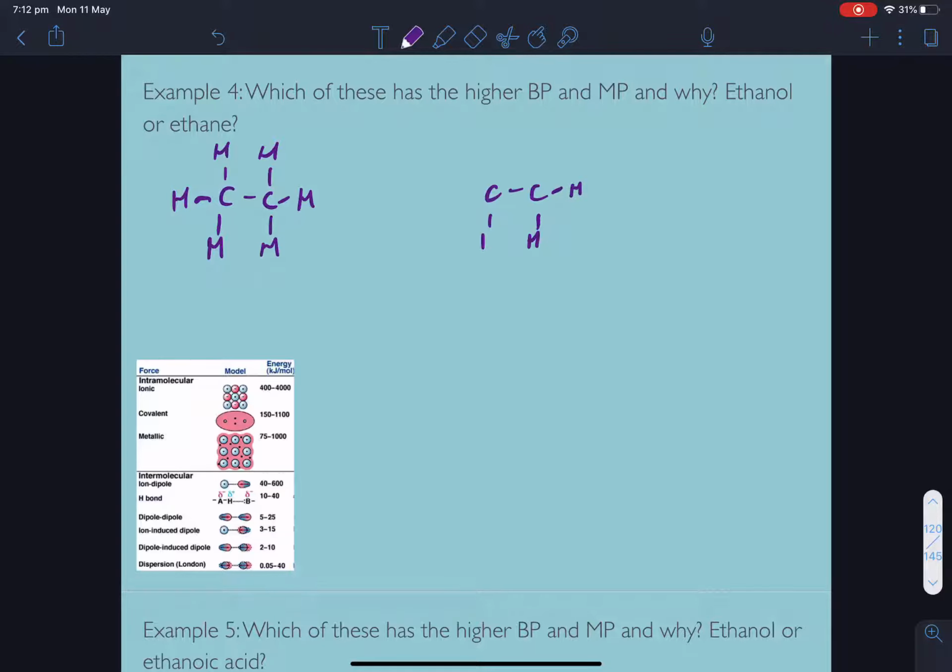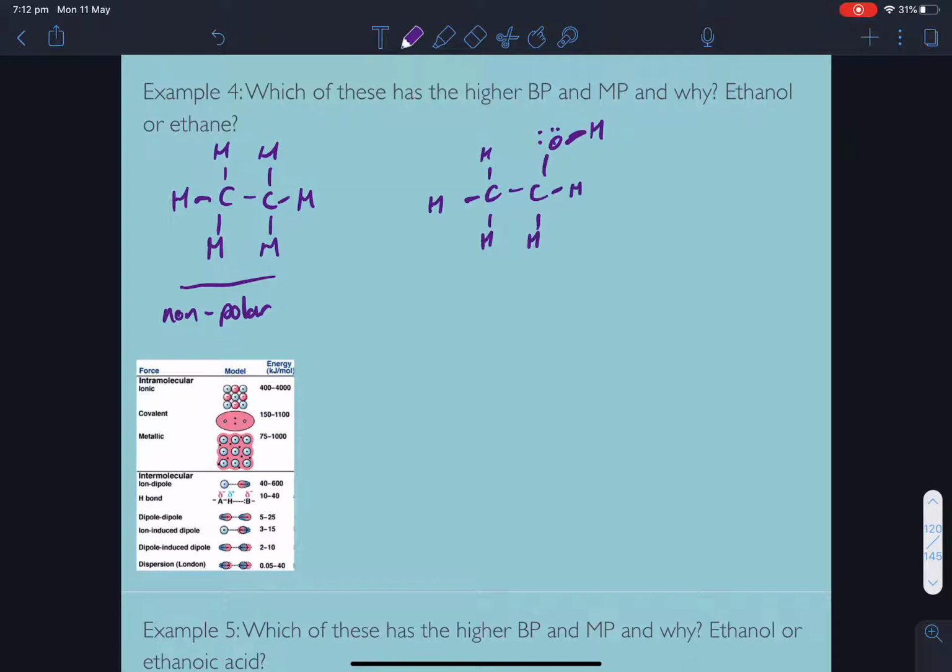Similar in structure, but it's an alcohol, so it has an oxygen-hydrogen coming off it like that, with a lone pair there. Ethane is non-polar because it only consists of non-polar bonds, so the whole molecule is non-polar.